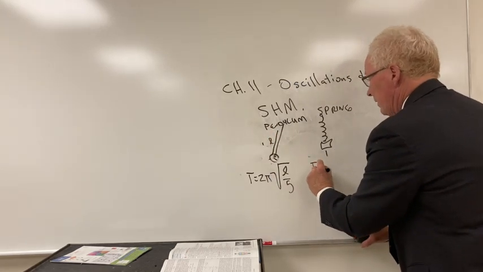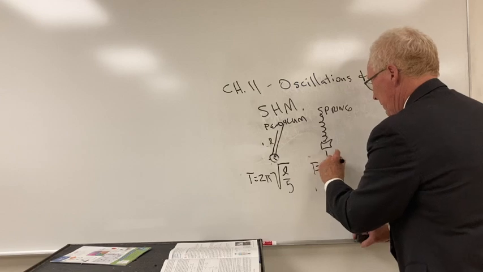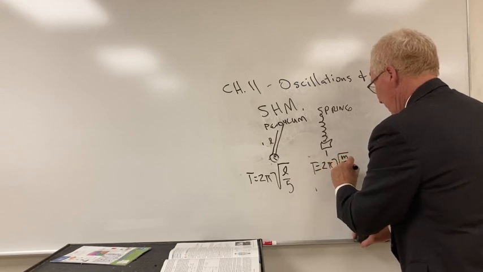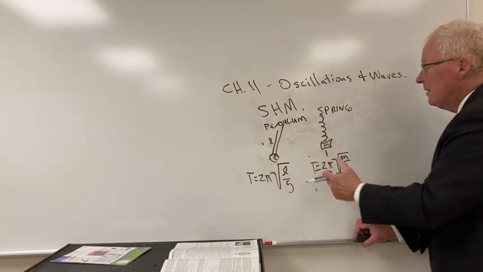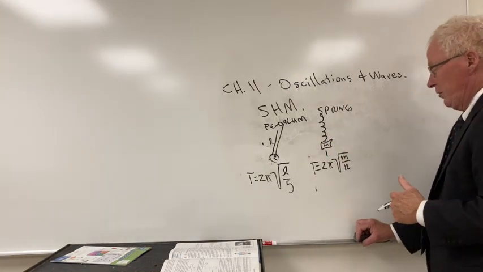And for a spring, T is 2 pi square root of m over k, where m is the mass hanging and k is the spring constant. Notice the similarity between the two.